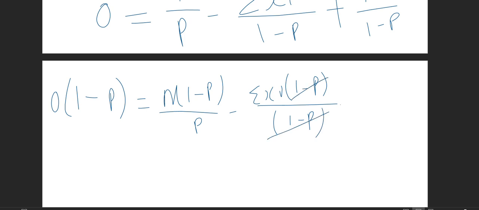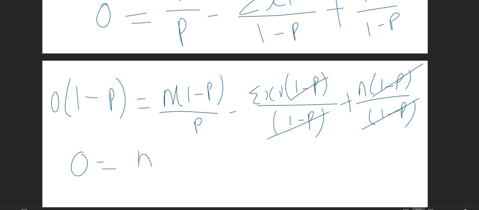This will cancel with that, plus n(1 minus p) divided by 1 minus p. This will also cancel with that. This will be 0 equals n(1 minus p) divided by p minus the sum of xi's plus n.